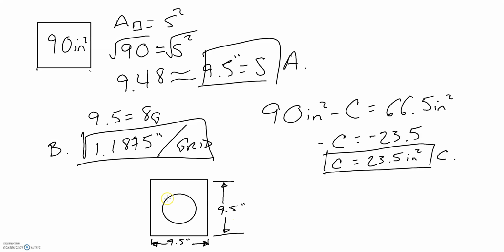And then when we go to label our circle, we don't say area. We don't call it radius. We actually want to know diameter.